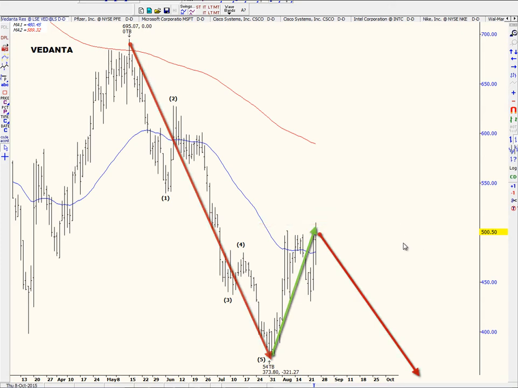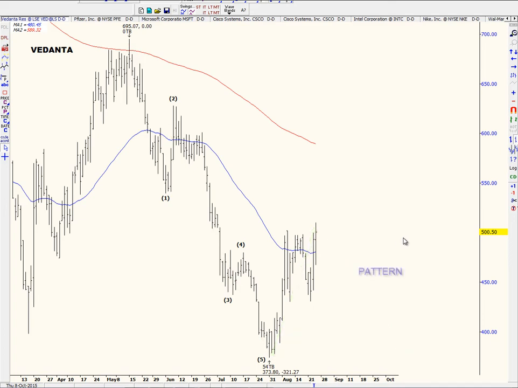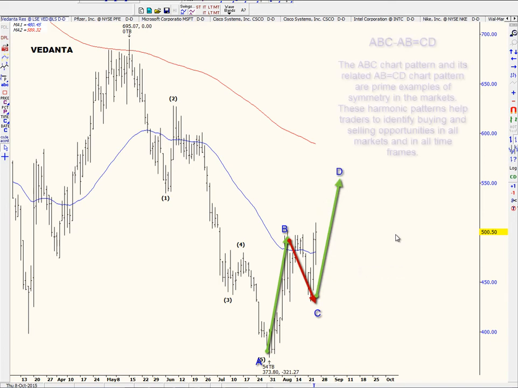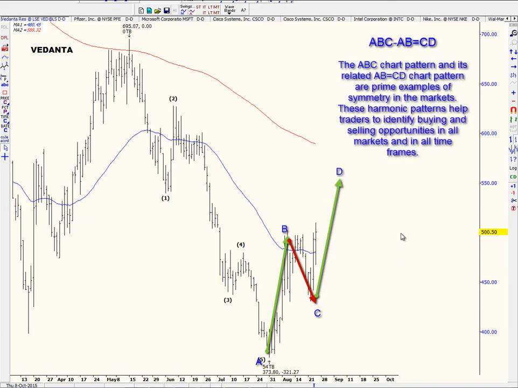So once we've established the trend, we then move on to our second element, which is pattern. Now, in regards to pattern, we would generally look for what is called an AB equals CD or ABCD pattern, which will be well known to those of you who study and use Elliott Wave analysis.